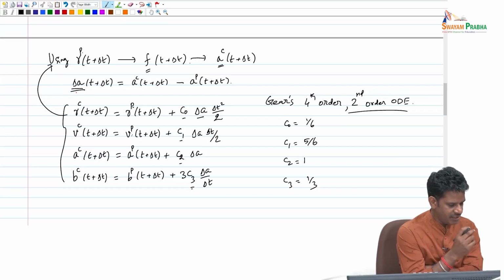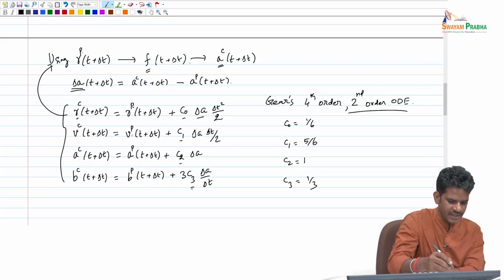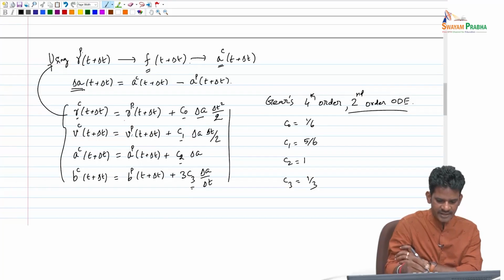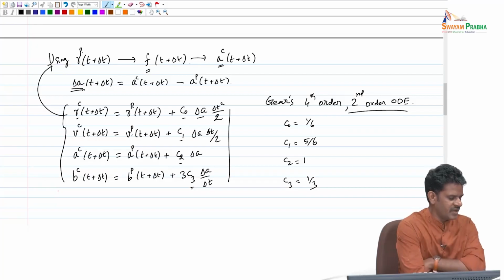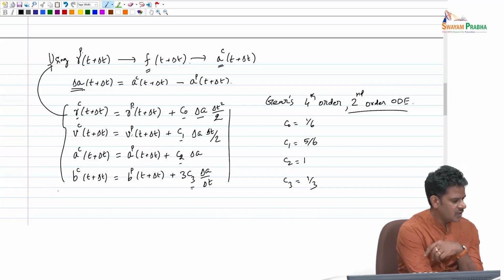Until you get that convergence, you can iterate: use the correct position, get the new force, get the new acceleration, and then take the difference between two consecutive iterations, which is delta A. Using delta A, you go back and calculate the new positions and repeat over and over. In fact, a lot of analysis has been done on the optimum number of iterations required.